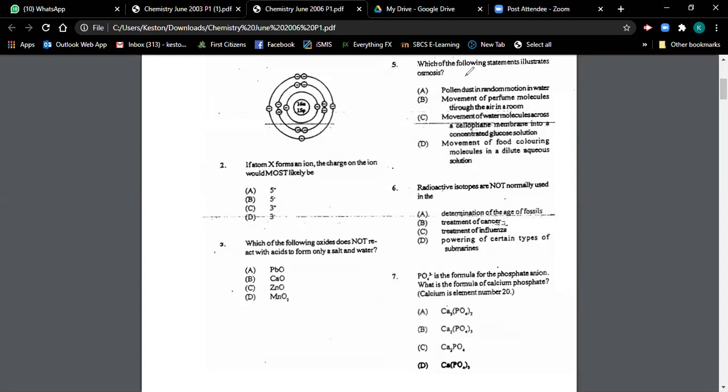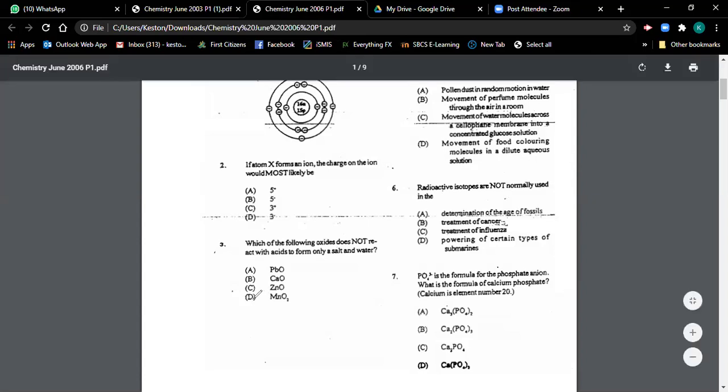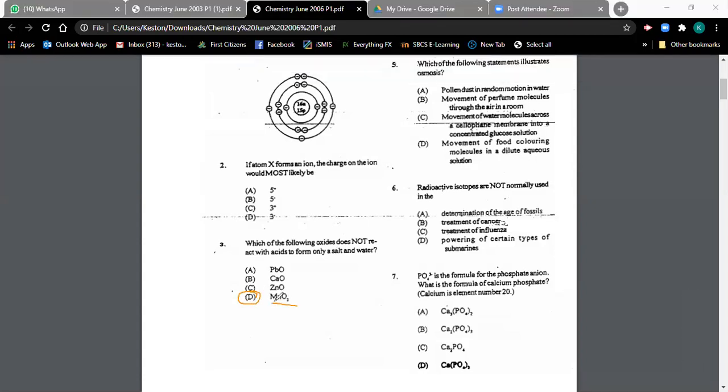Yes, manganese oxide, that's correct. Right, all the other oxides would give us a salt and water. This one is a bit different, and it's because of the oxidation state of the manganese. All right. So moving on up. Let's see. Looking at number 4.